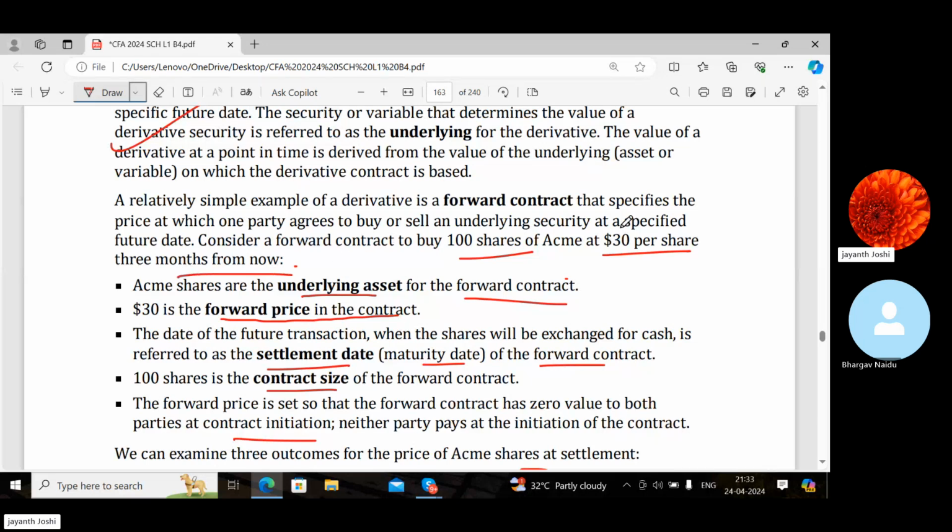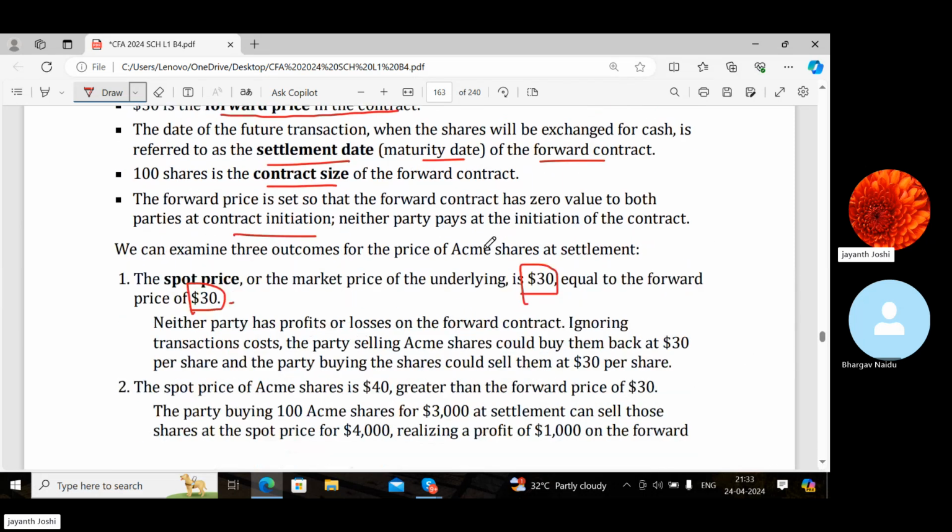From today to 3 months, they have made a contract to buy shares of Acme company for $30. What is this saying? Spot price or market price of the underlying is $30, equal to the forward price of $30.